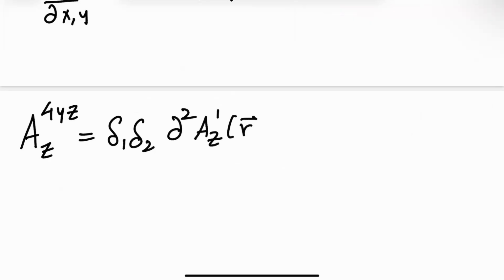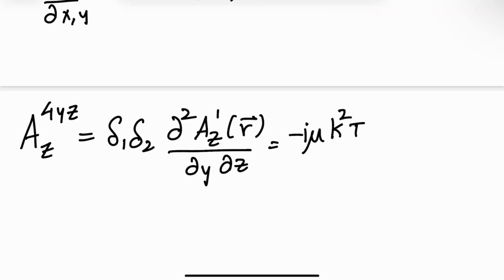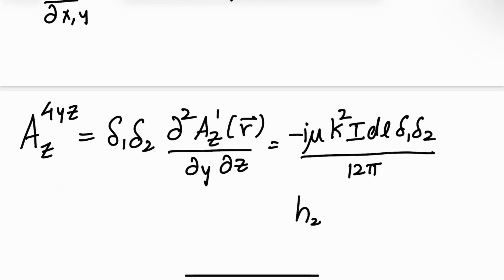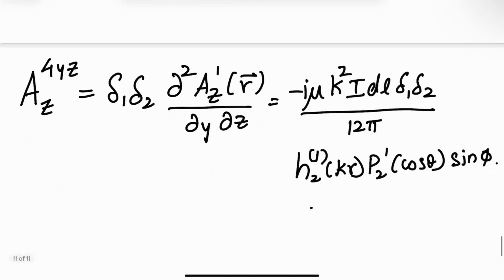For the yz plane, delta 1, delta 2, d square az1 r over dy dz gives you minus I mu k square I dl delta 1 delta 2 over 12 pi times h21 ar p21 cosine theta sine phi. So this corresponds to n equal to 2, m equal to 1.